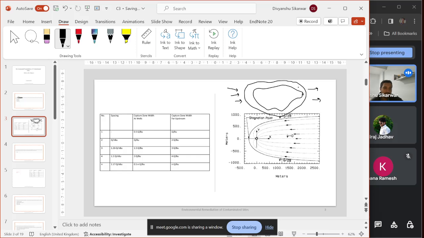Do we need one well? Where should it be located? At which location should it be? How many wells do we need? This method is used to determine that.